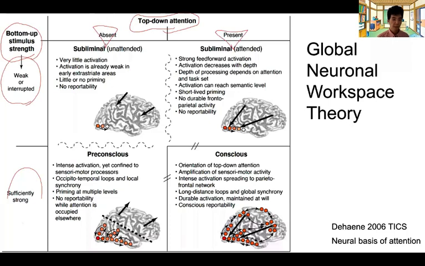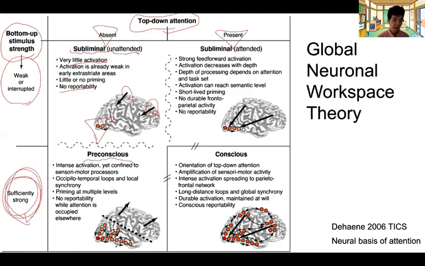When it's absent, this model suggests that what is coming from frontal or parietal areas doesn't reach the visual cortex. So the weak or interrupted stimulus doesn't get activation or amplification, and there is no reportability. Basically it's subliminal, non-conscious, unattended. And then if the stimulus is sufficiently strong, then what they call the pre-conscious stage arises.